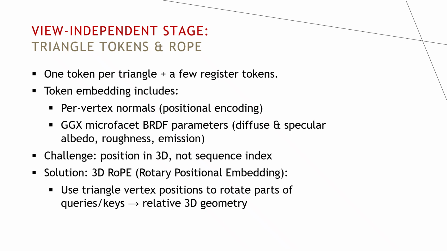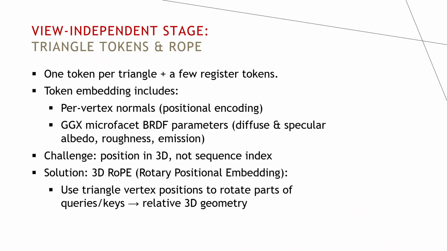A big issue here is position. In language models, the token index gives you a one-dimensional order, 1D. Here, triangles live in 3D, and swapping their order in the array should change nothing. The authors solved this with RoPE, rotary positional embedding, adapted to 3D.